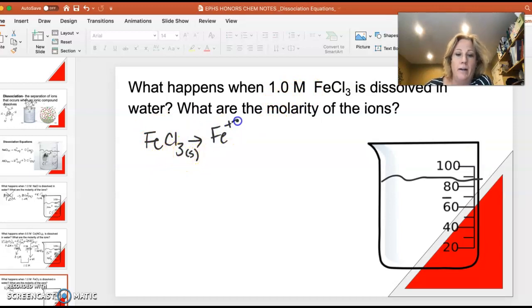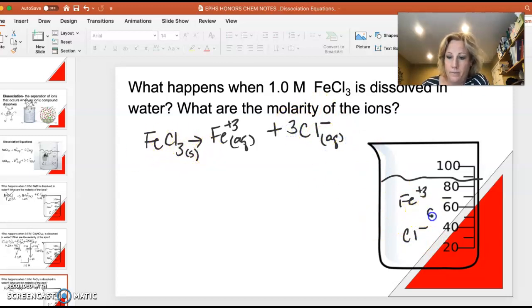So I would have the iron plus 3, aqueous. Remember, it's completely separate than the chloride, and that's aqueous. And then remember, I'm going to have 3 of them because of the formula, but they're all by themselves. That's why we put the 3 in front.